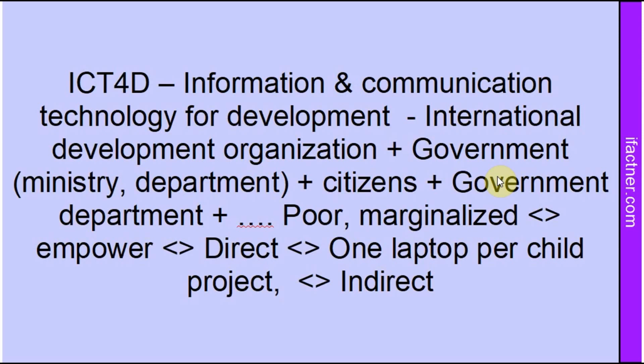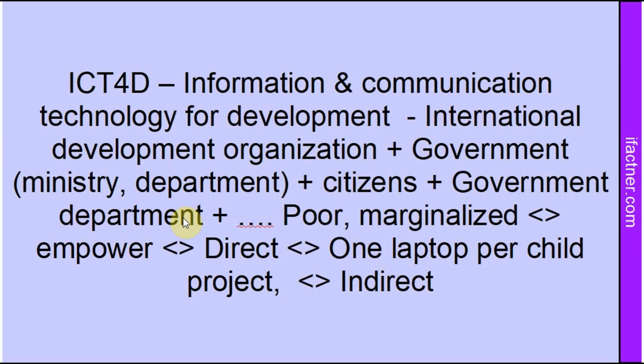So if we give technology to that government department, the idea is that it would be better able to provide good services to the citizens. So we are indirectly empowering the citizens, or providing them with services, by empowering the government department.